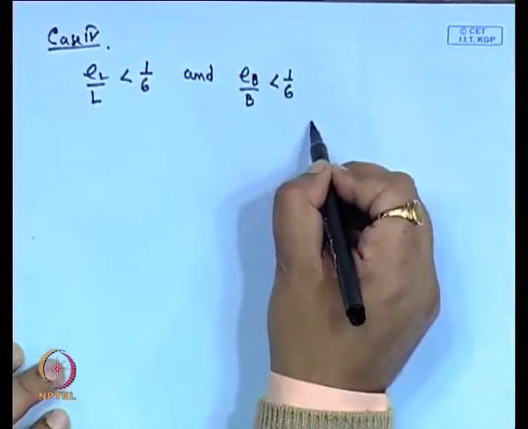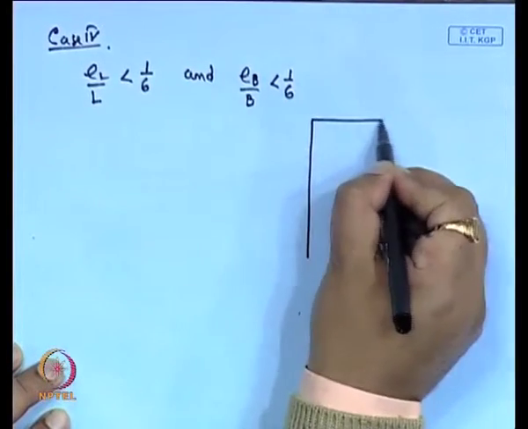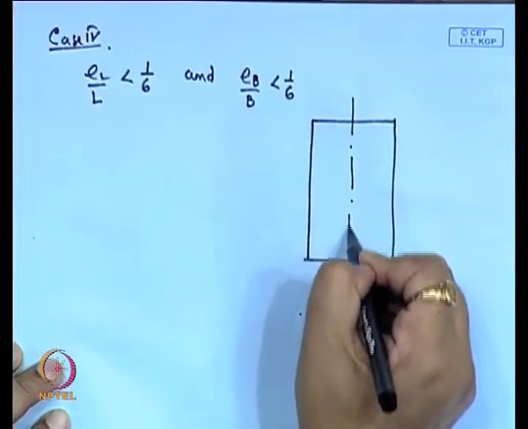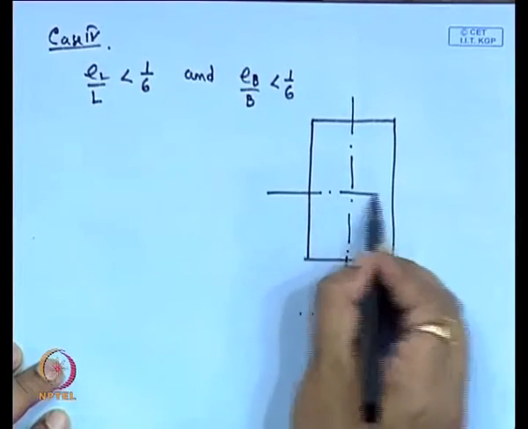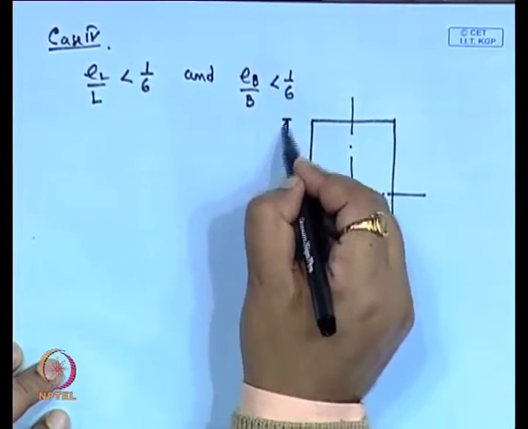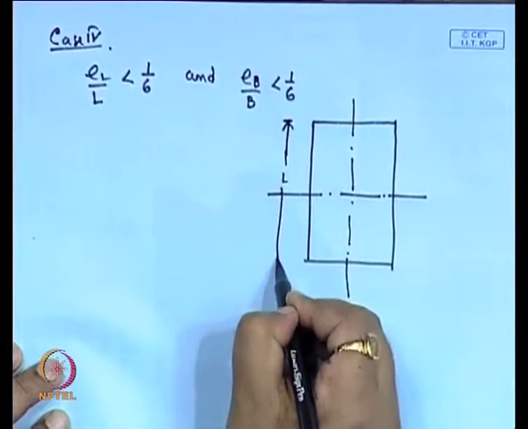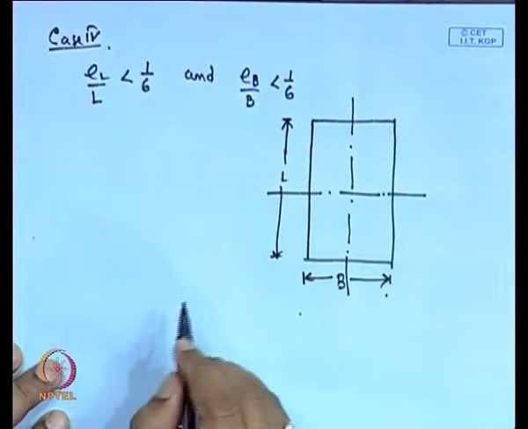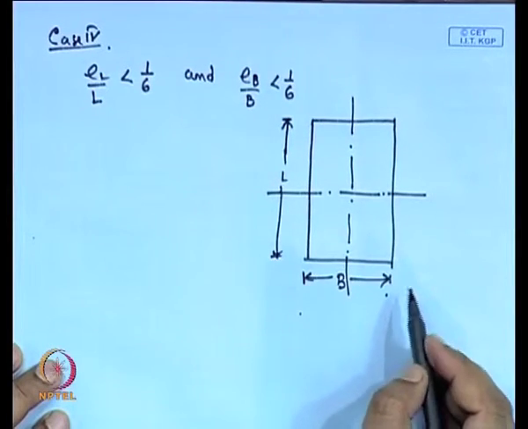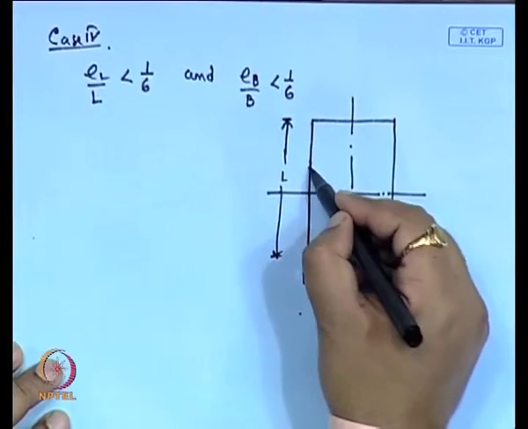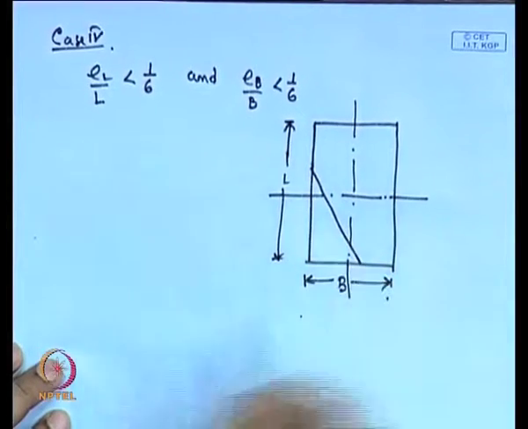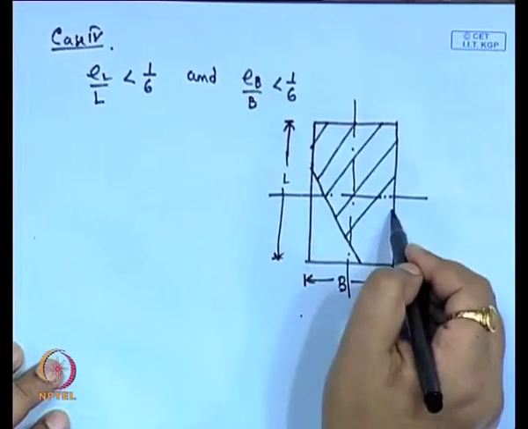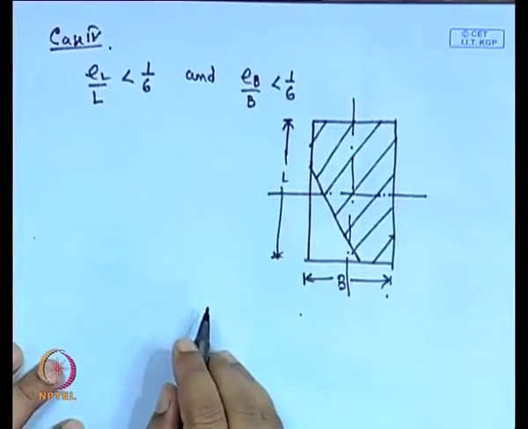So, in such case, the loaded foundation, the effective area will be, suppose this is L, this is B. So, effective area will be like this. So, this hatch zone gives us the effective area.